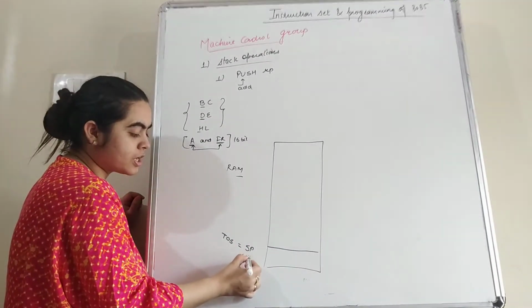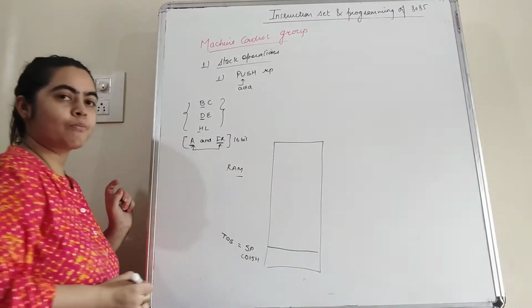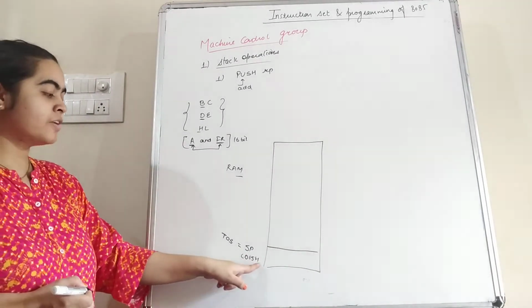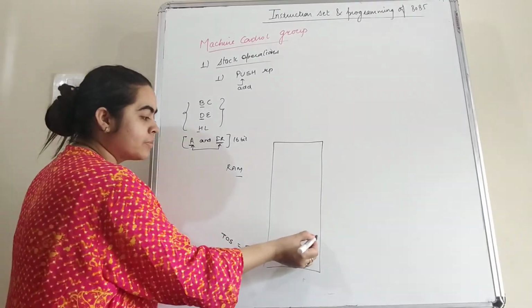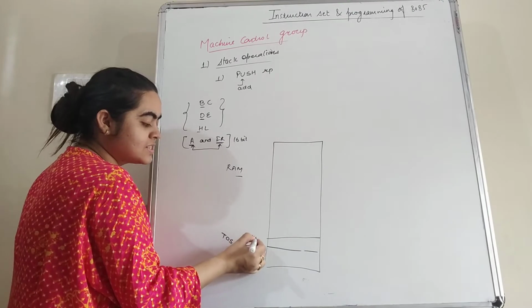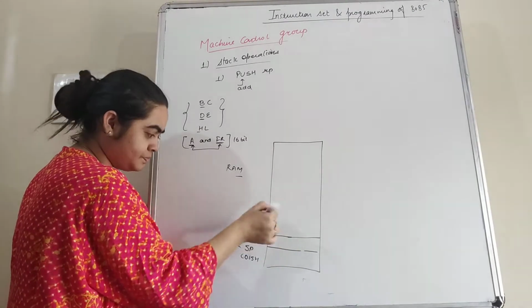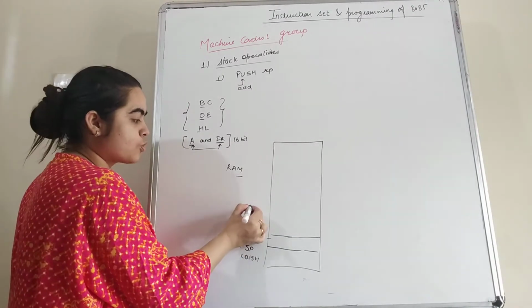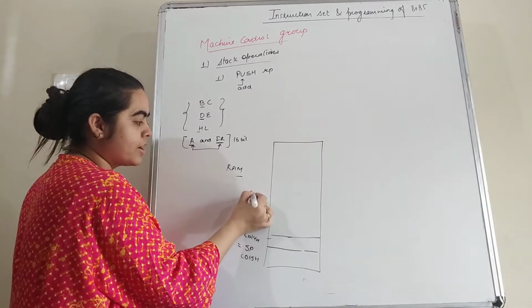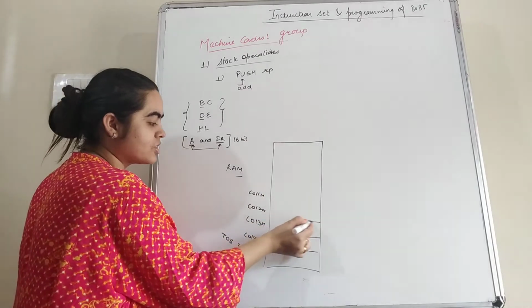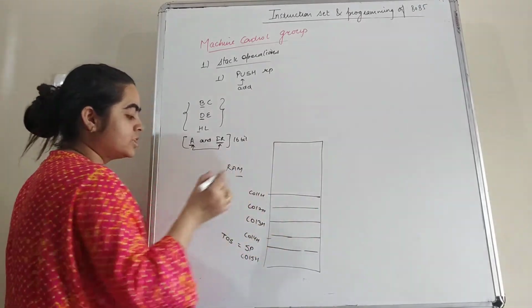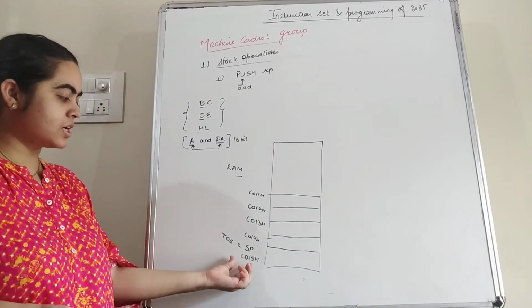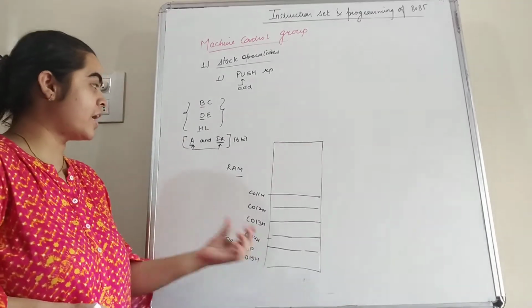Suppose the current memory location of the stack pointer is C015H. The memory location above it is C014H, then C013H, then C012H, C011H, like this. Now the top of the stack is currently C015H.